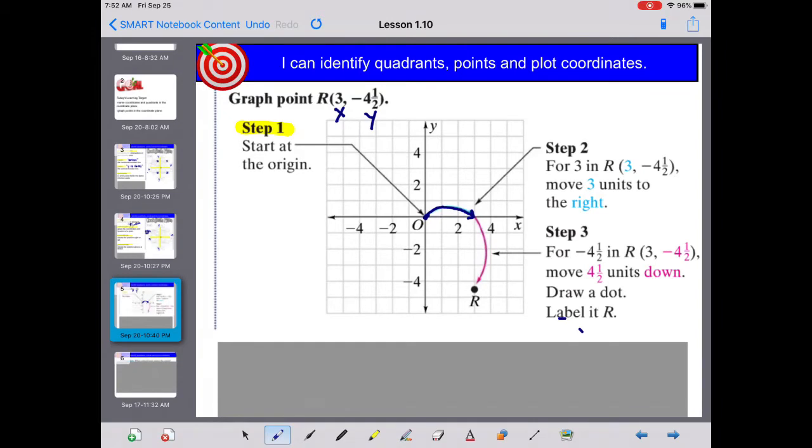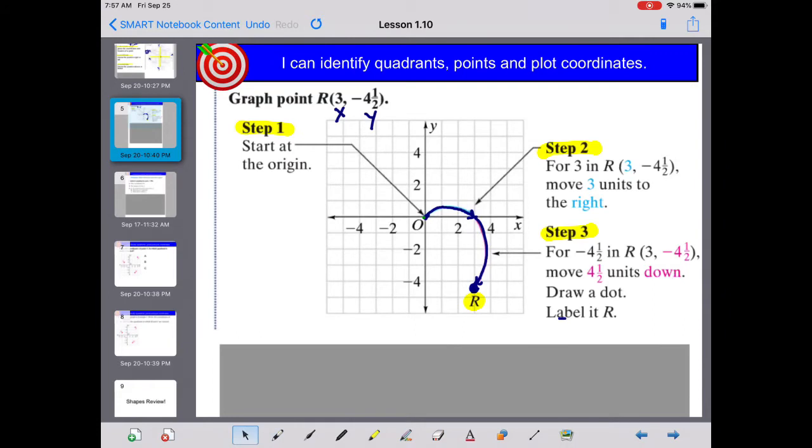From there, if it's a positive number, I'm going to climb up. If it's a negative number like this one, I'm going to climb down 4 1/2. So I count 4 and then 1/2 hops, and I place a dot, and I call that point R. Now I have plotted my ordered pair.